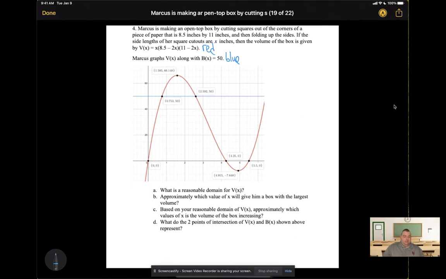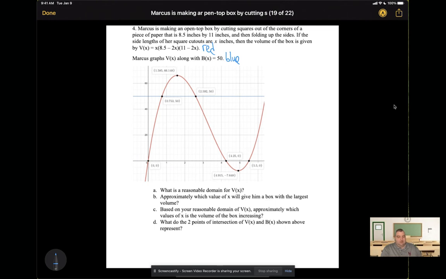So A, what is a reasonable domain for v of x? So what is a reasonable domain for the red graph? If you forgot, this is way back from the beginning of this unit. But it turns out you need to look for the two x-intercepts where the graph is completely positive between them.